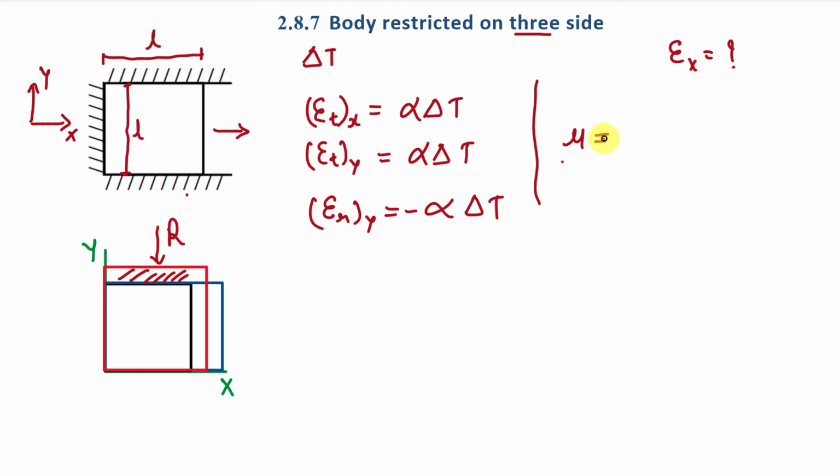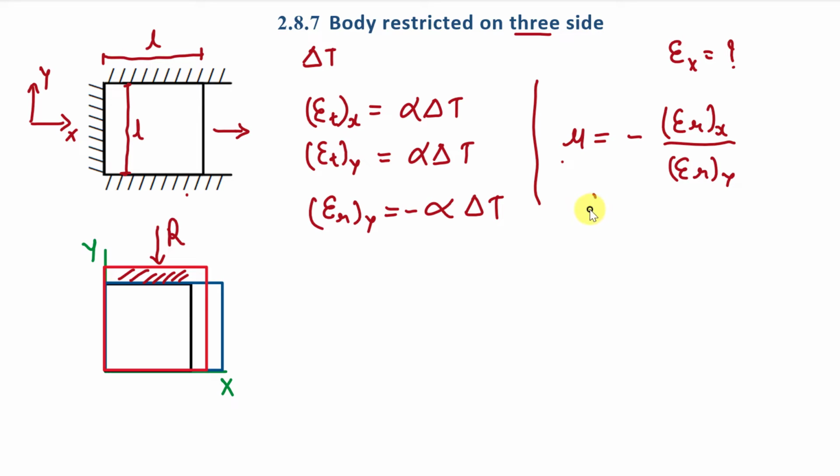So here Poisson's ratio will be minus lateral strain, that is strain in x direction, and that is epsilon r x divided by strain in y direction, that is epsilon r y. Fine. So from here we can find out value of strain in x direction due to this reaction.